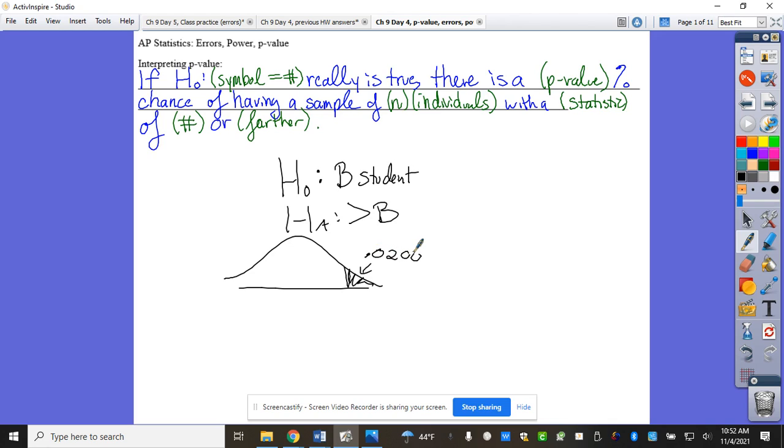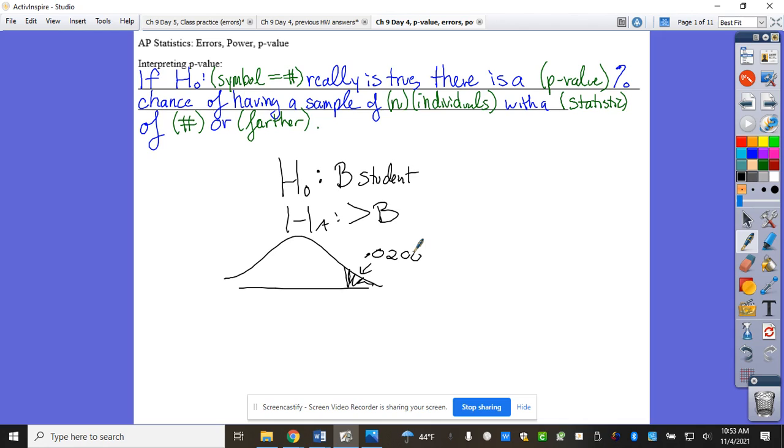So if this person really is a B student, there's about a 2%, and so like let's say I took 3 of their tests and found the mean of 3 of their tests. So if they really are a B student, there's about a 2% chance of having a sample of 3 test grades with a mean of, let's say their average is 95, of a 95 or higher.